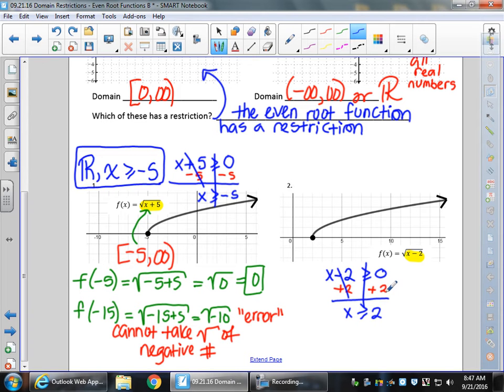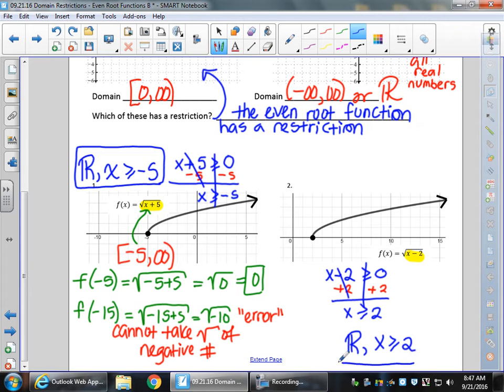Good. How do I use that to write my domain? What do I say in words? How did it start? All real numbers, comma, what? x greater than or equal to 2.